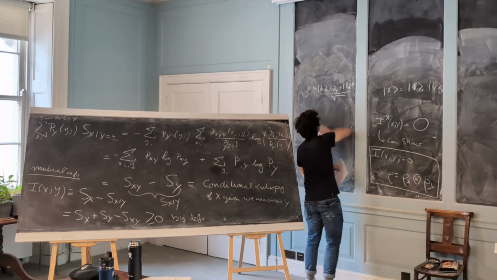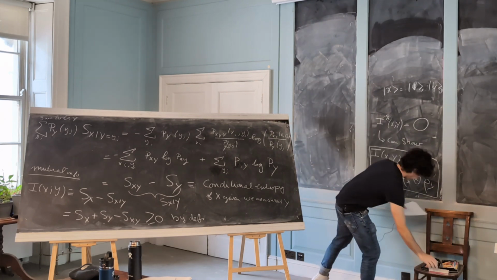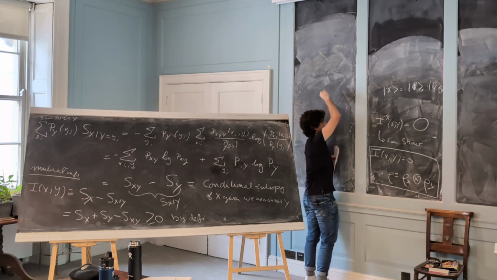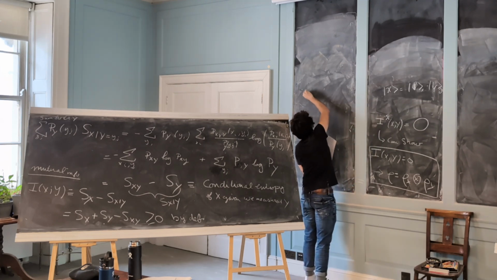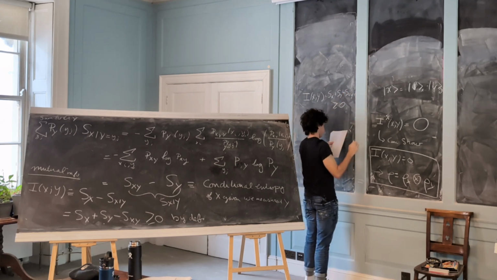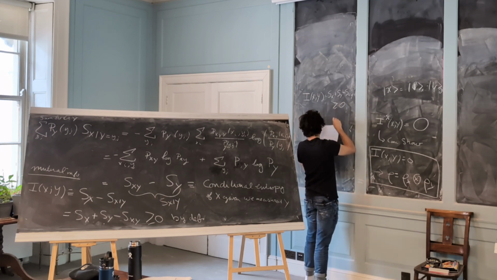And I'm going to write. So we already saw, I'm going to write this, I of xy, Sx plus Sy minus Sxy is greater than or equal to 0. So that's one inequality. So that's one.